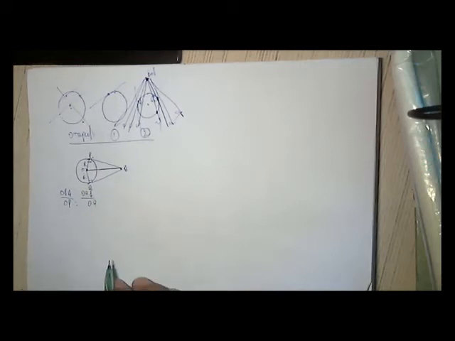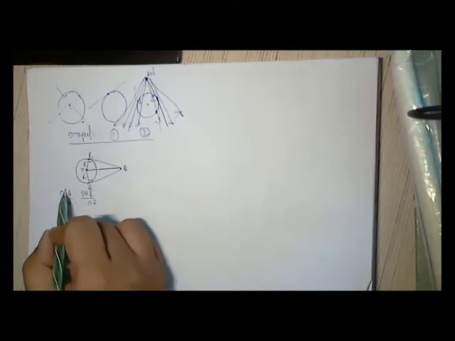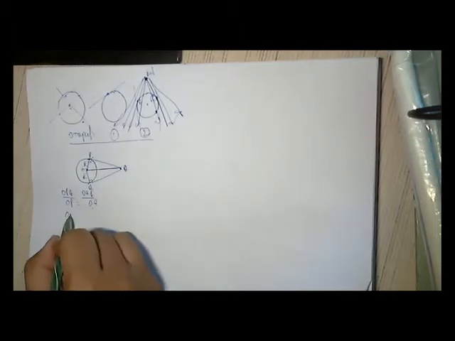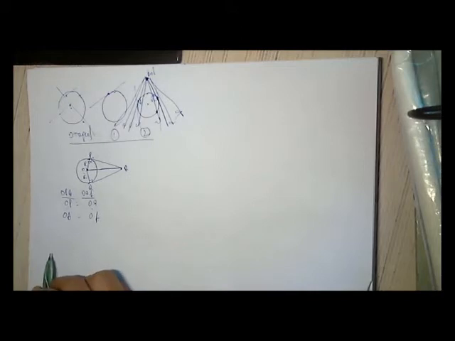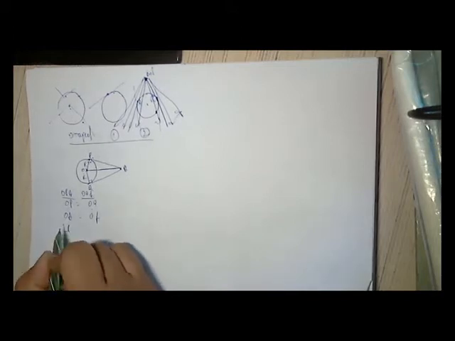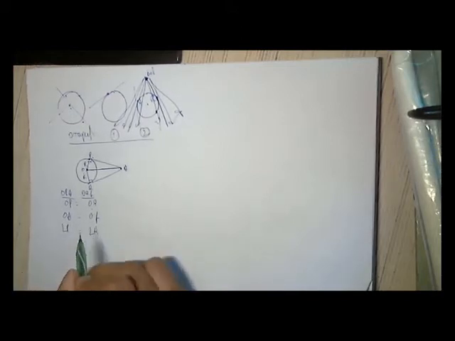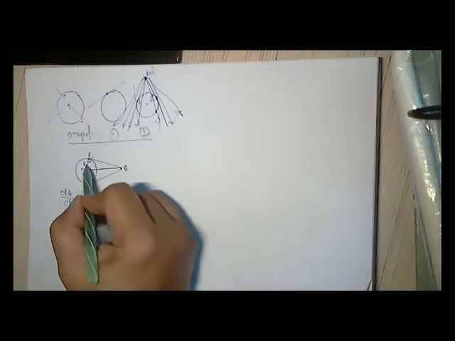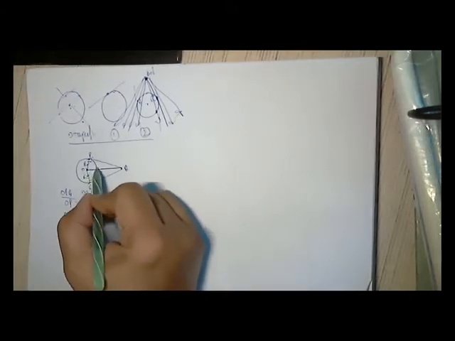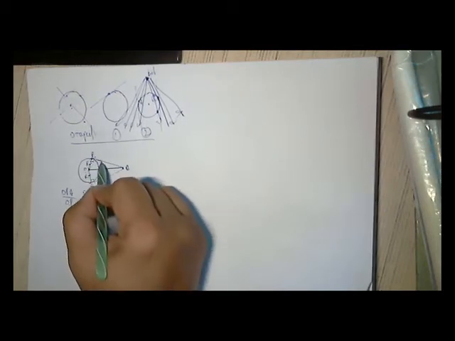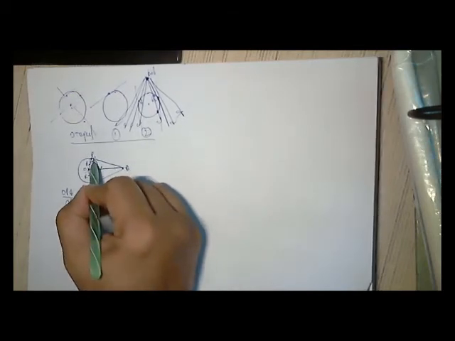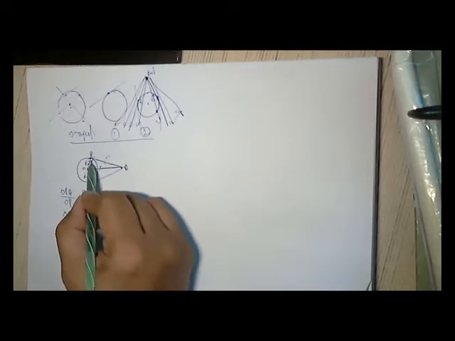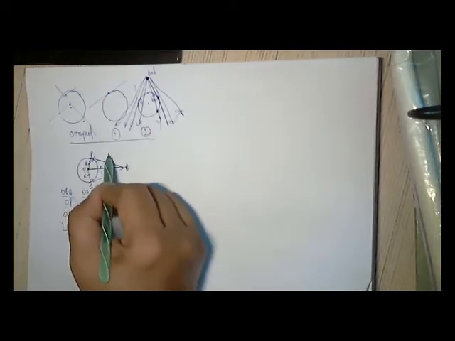In the two triangles, OP is equal to OQ. OA is equal to OA. Angle P is equal to angle Q. See here, this is equal to this. This is common. Then what is this? Hypotenuse. This is 90 degrees.